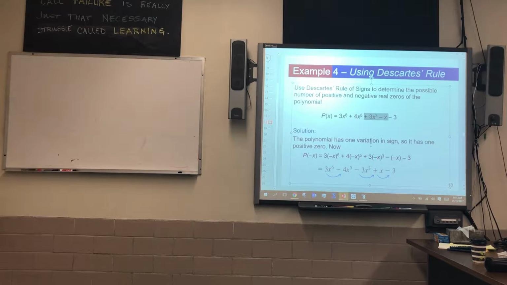And it also tells me that down here, if I look at P of negative x, I've got 3 sign changes, right? So 3 sign changes in P of negative x tells me I can have 3 negative zeros. I could have 1 negative zero, correct? Now think about this.